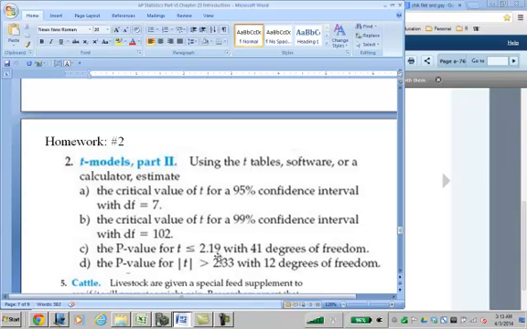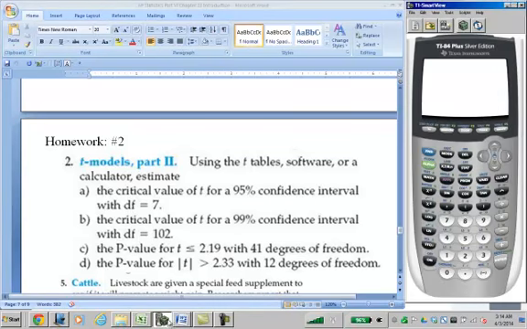So we'll do second, vars, and we're going to do TCDF number 6. Now this is kind of weird, less than 2.19, so we're actually going to do negative 99, comma, 2.19, comma, and then 41 degrees of freedom, that would be for a sample size of 42. And you can see it's almost everything under the curve.